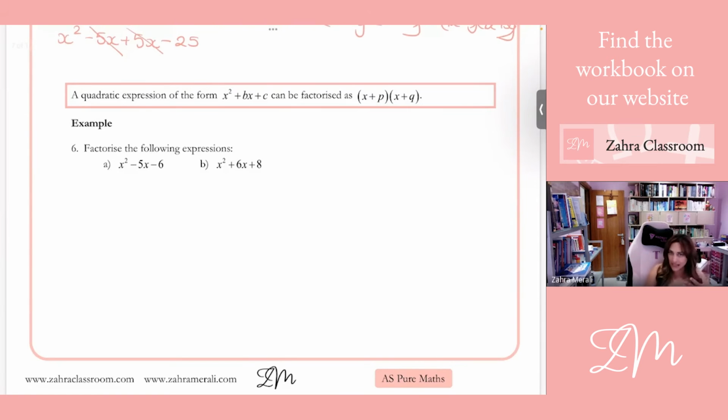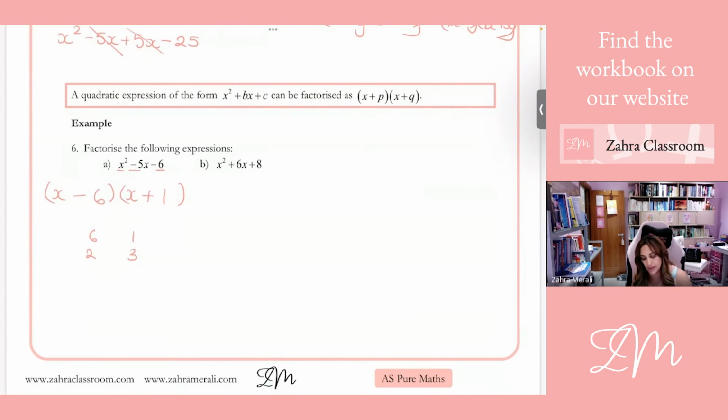You can use that to help you factorize if you need to show the factorization, but you really should have come across these through school. So if it's x squared on its own, it's always x and x. And now I look for factors of 6. So I look at the last number and I think, okay, how can I get 6? 6 and 1, 2 and 3. How can I get minus 5 from that? Well, I'll need minus 6, add 1.